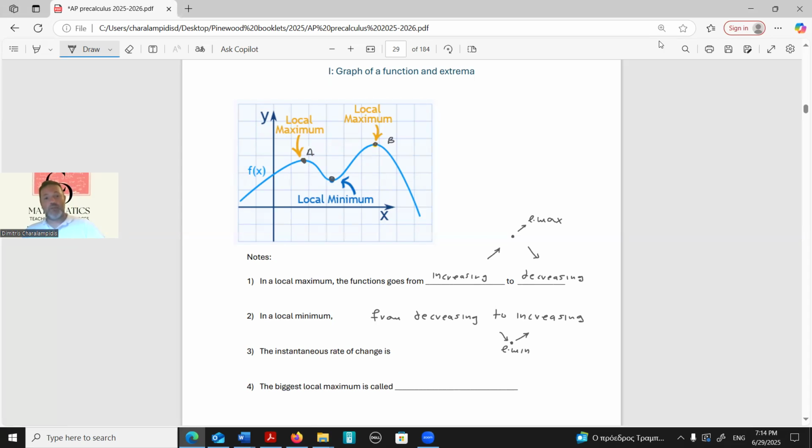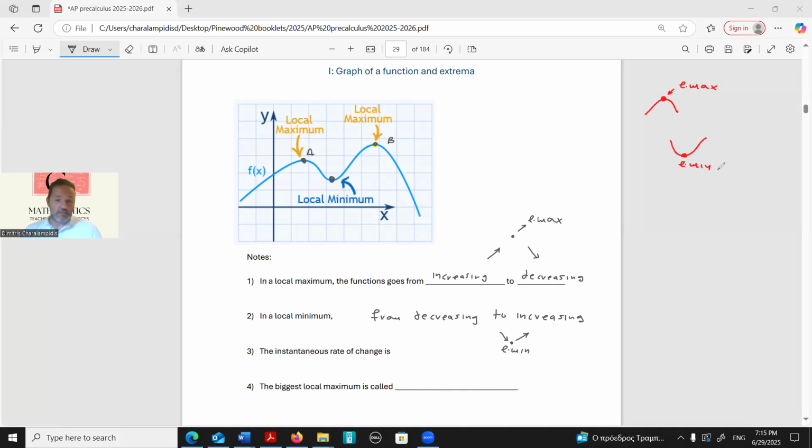We will not mention anything about the instantaneous rate of change; we will see it later on. But I want us to understand the difference between the local and the total maximum or minimum. The local maximum or local minimum are just the points where the graph does this. This vertex here is referred to as a local max. Similarly, the local min is the point where the graph does this.